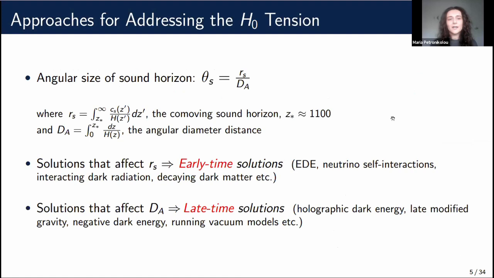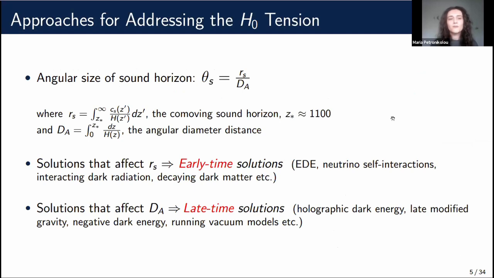We can classify the solutions proposed in the literature regarding how we treat the comoving sound horizon r_s or the angular diameter distance in the expression of the angular size of the sound horizon.